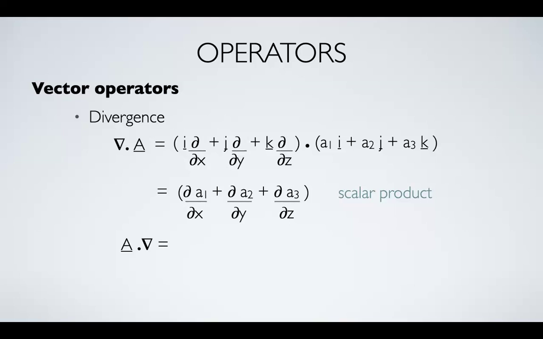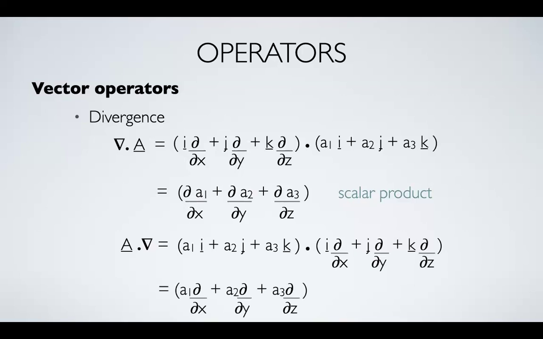Most of you are done. So let's see. Now if we switch to vector A dot del, what is it going to be? Of course, please don't switch the spot. It's going to be A1 multiplied with d by dx, since vector i dot vector i is equal to 1, right?